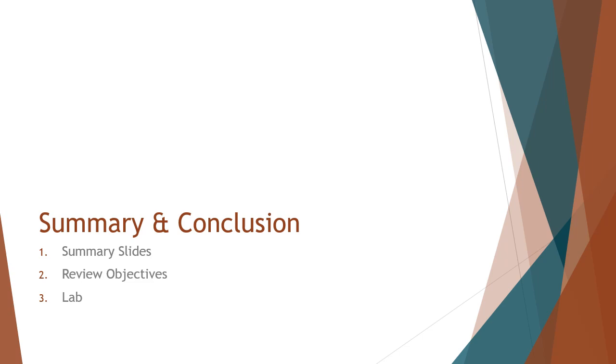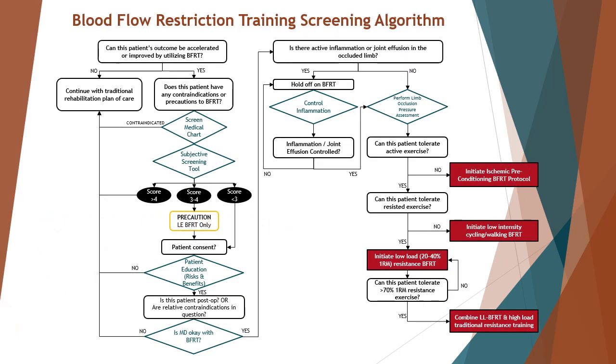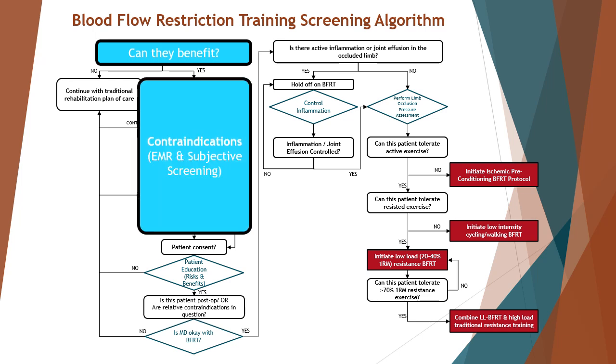All right, and then summary and conclusion. So in part 2, we presented the flow chart as far as risk stratification and decision making for when your patient is otherwise appropriate. We spoke about asking the question, can they actually benefit or should they benefit from this?